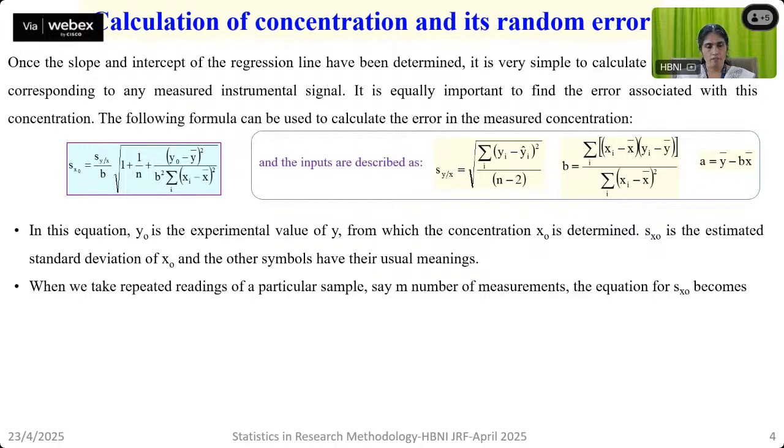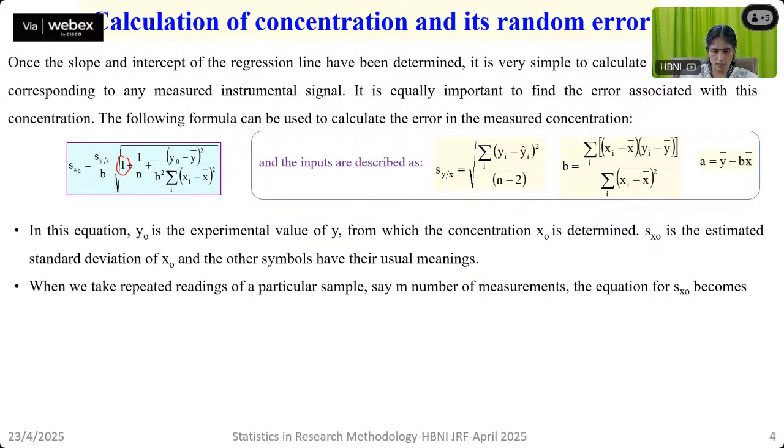These are all valid when the number of measurements for a particular unknown analyte is single. That is why in the equation for Sx0 there is a 1 inside the square root.